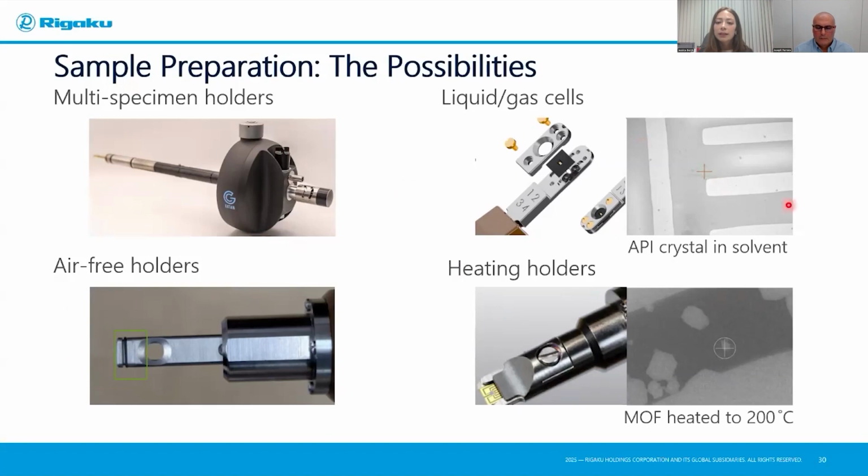We also have the ability to look at samples under different liquid or gas environments. So we have here an example of a crystal that is actually within a solvent. And there's the ability to heat samples to elevated temperatures with heating holders. We have an example heating a moth crystal to elevated temperatures.